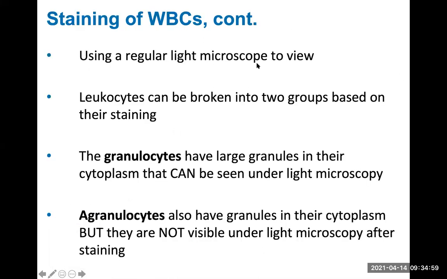So staining again is using a regular light microscope, and the leukocytes can be broken into the two groups based on their staining, granule and agranule. But the names are a little misleading. So it's seeing these large granules under the microscope, but the agranules do actually have lots of granules in their cytoplasm, but the granules are small enough that you don't see them under the microscope.